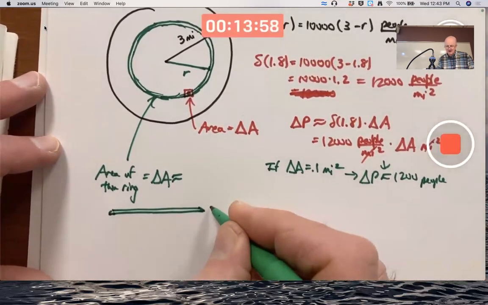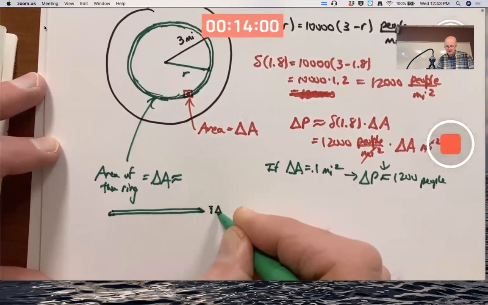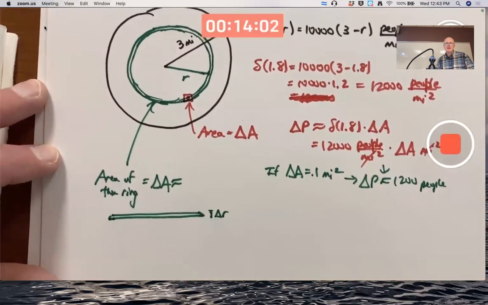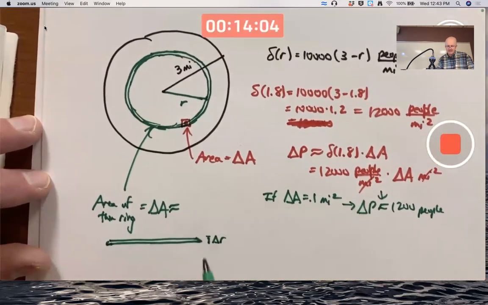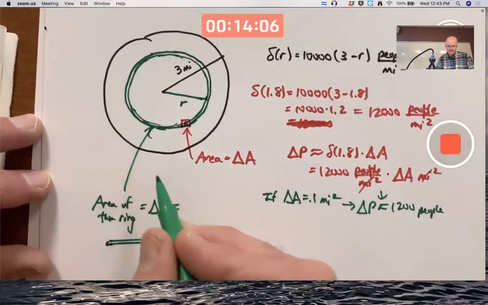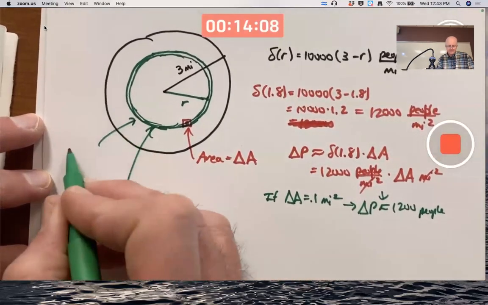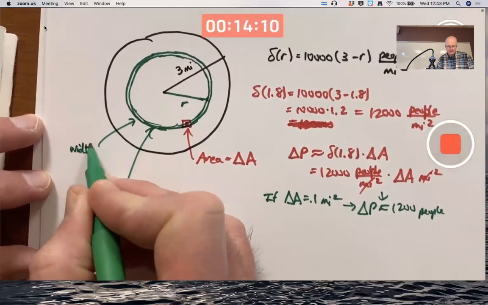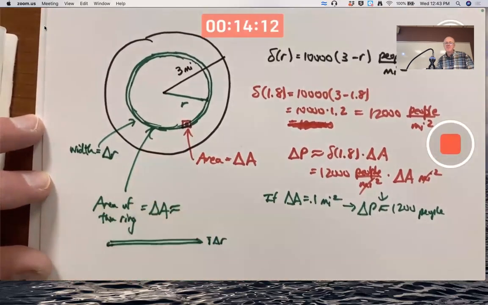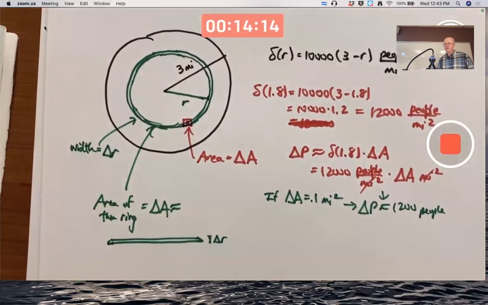But if delta r is small, that is going to be the width of the thin ring, by the way, is delta r. If delta r is small, the area of a rectangle looking about like that will be approximately the same as the area of the ring.